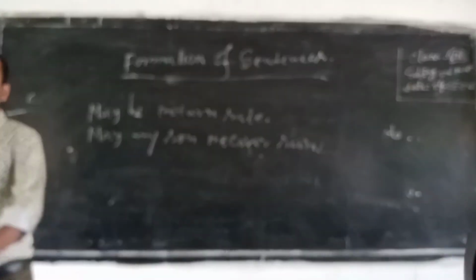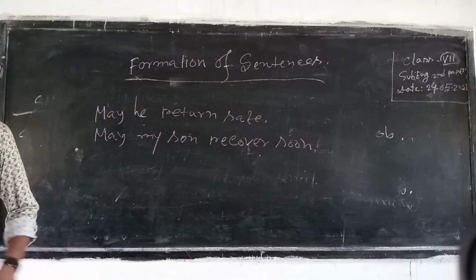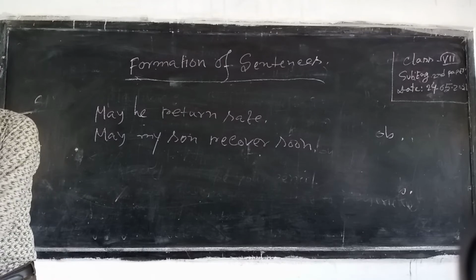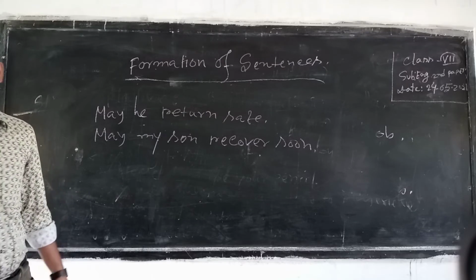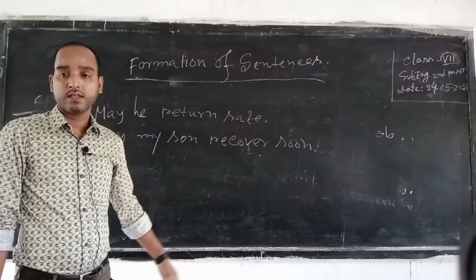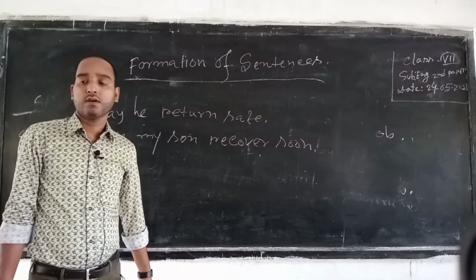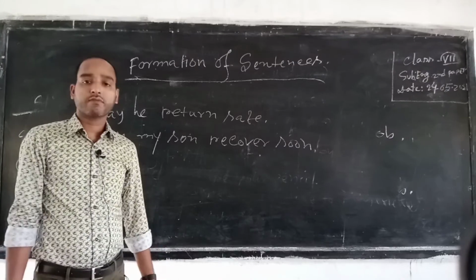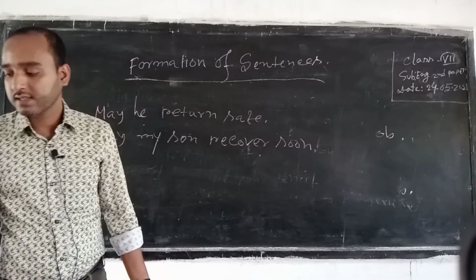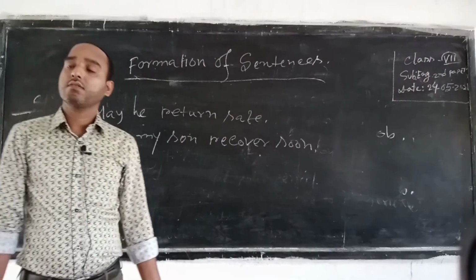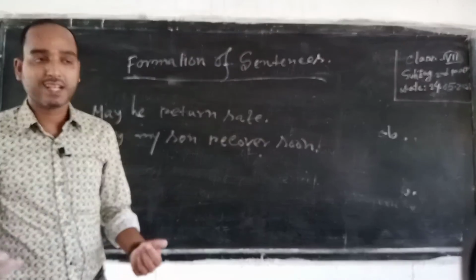Dear learners, now we will discuss how exclamatory sentence is formed. You have already learned that exclamatory sentences are used for different purposes such as surprise, delight, pain, anger, then disgust.